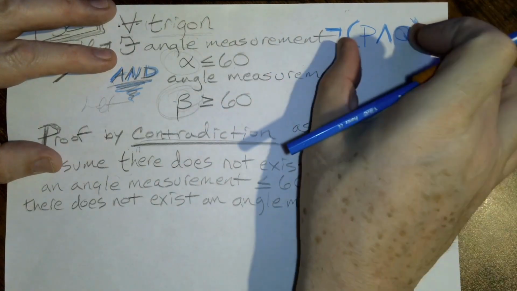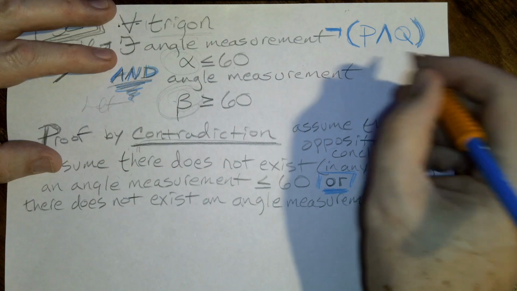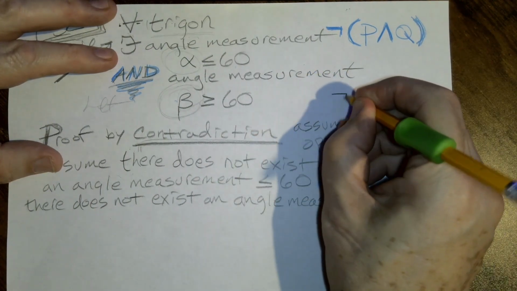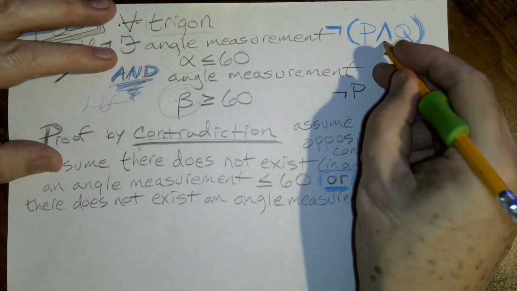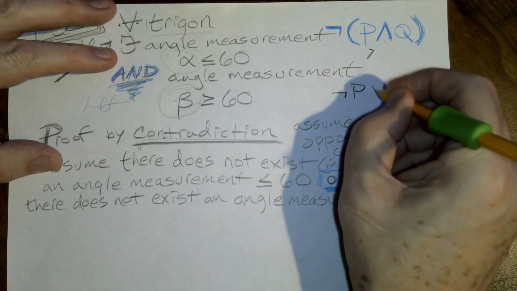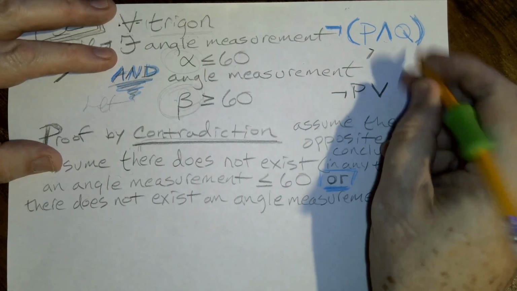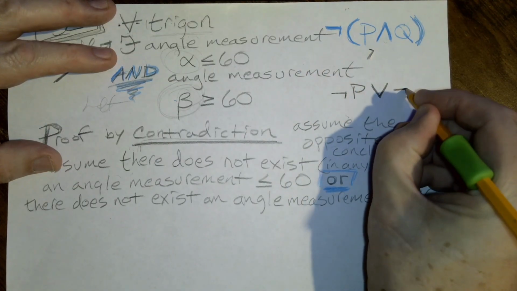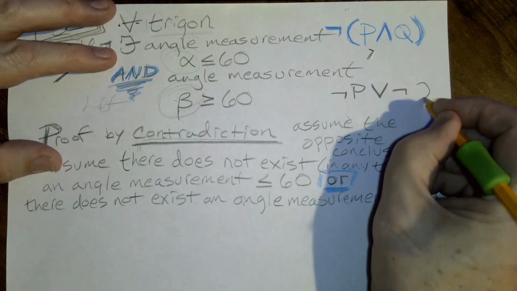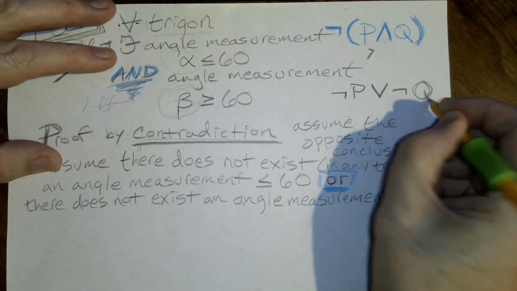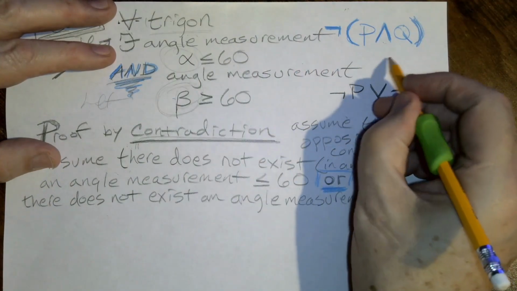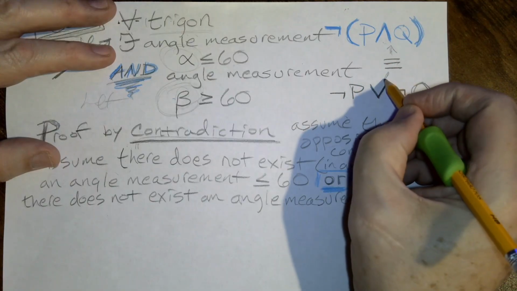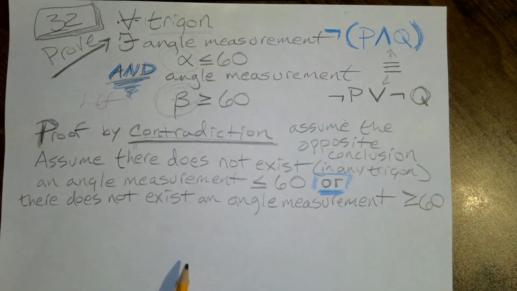To take off these parentheses, we do this little switcheroo where this conjunction becomes a disjunction, and we distribute that not symbol. So these are logically equivalent, that and that. Logically equivalent.